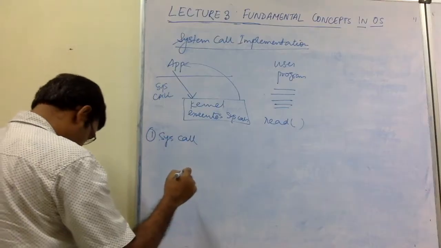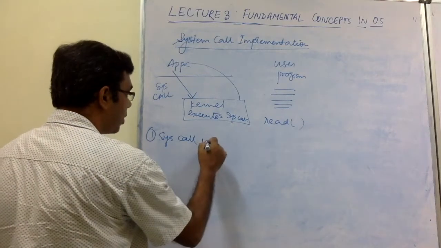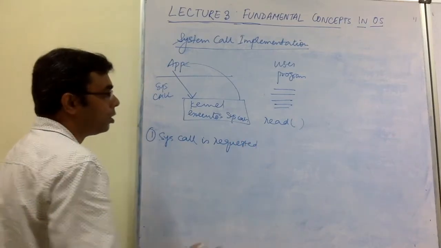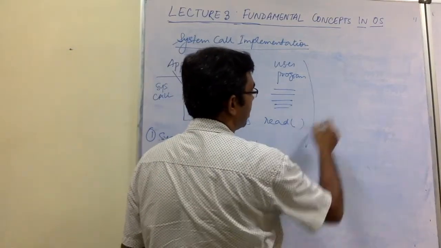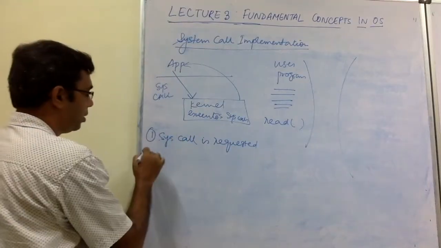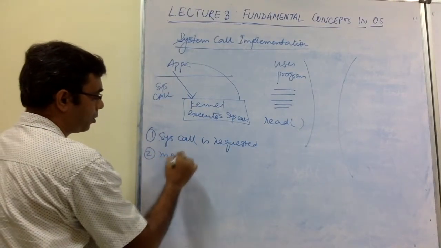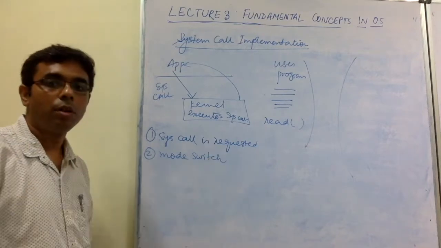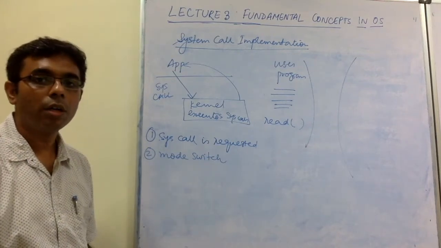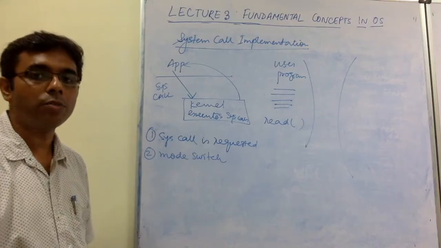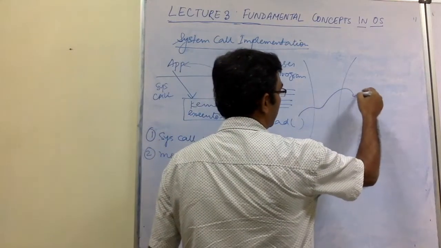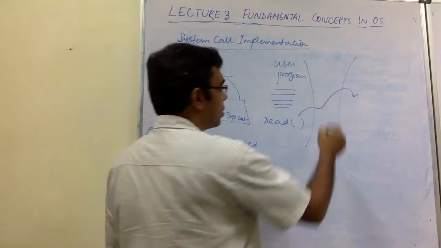So the moment the system call is requested, we know that there must be a mode switch. Right? So the process goes into the privileged mode or the kernel mode, and the kernel now has to execute this system call. So this is where things take a turn.